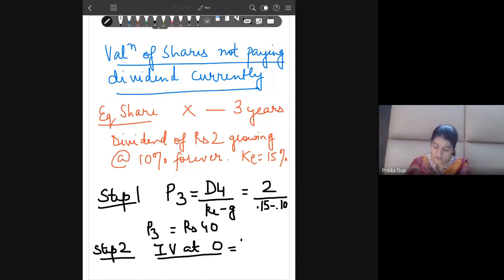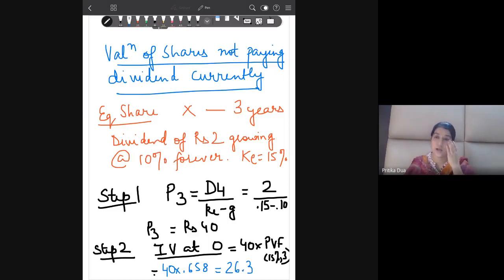So 40 into PVF, 15% for 3 years, okay, which is 0.658. 40 into 0.658, and you will get your answer as 26.32.